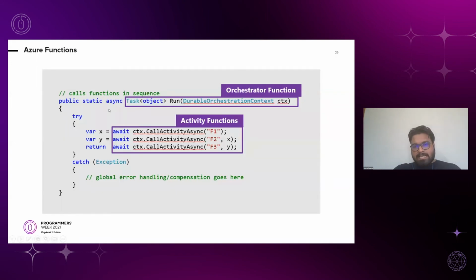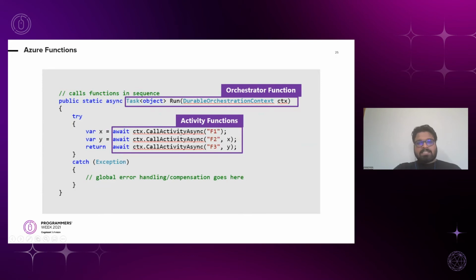And this is an example of a durable function. When we are writing an Azure function like this, the durable orchestration context is the object we use to start our activity functions. So you can see here this orchestration function starts 3 activity functions inside this execution.